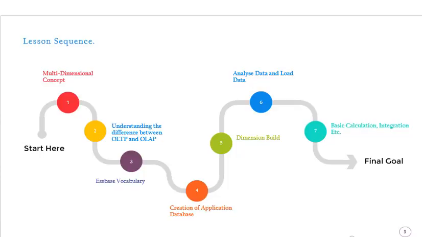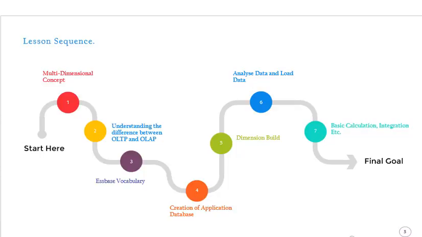We start the course with the assumption that you are all beginners and do not have the multidimensional concept. We begin with the multidimensional concept. Then we give an overview of the difference between OLTP and OLAP. Then we enter the Essbase world and its vocabulary. Then we will show you how to create the application and database.